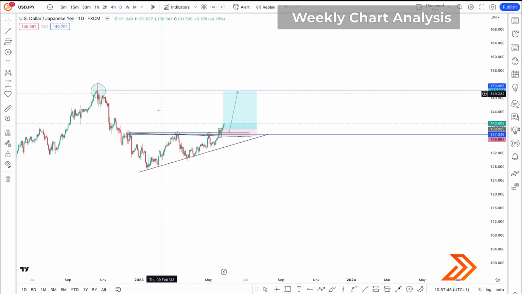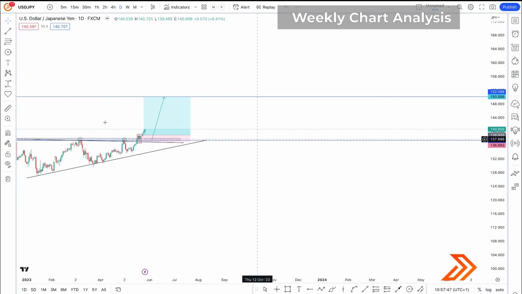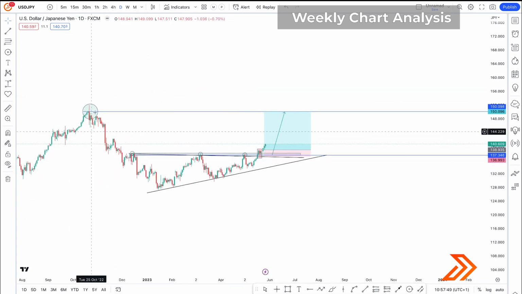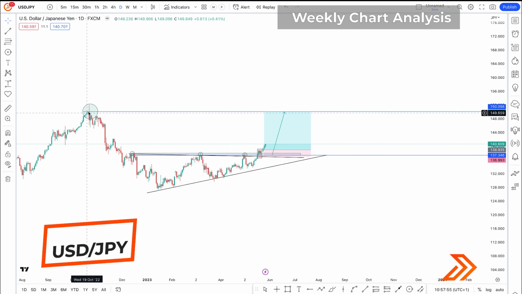And if you notice what occurred here on the daily time frame, I think this is a bearish engulfing candle, engulfing this slightly little bullish candle that we had here, and then from there price started to dip onto this level.